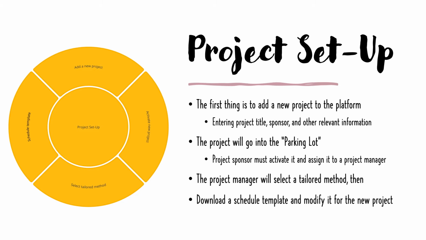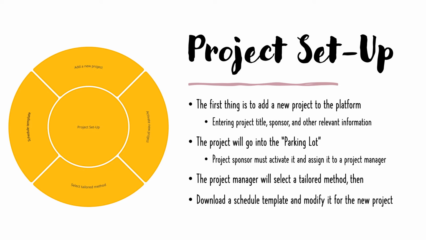If we zoom in on one by one, the project setup has only 4 elements here, which is basically what is required to set up a project inside the Uruk Platform. So the first thing we have to do is add a new project to the platform. And usually that includes entering the project title, the sponsor, and some other relevant information.